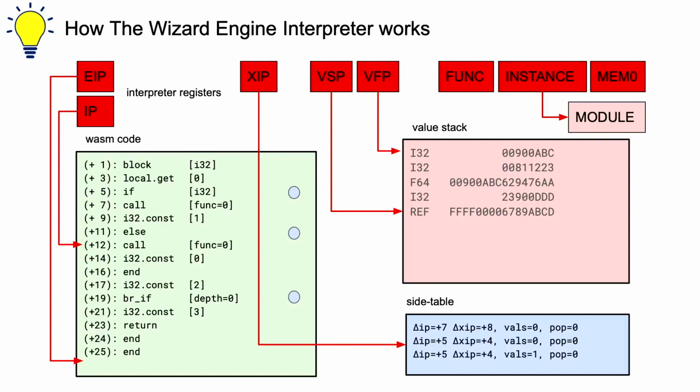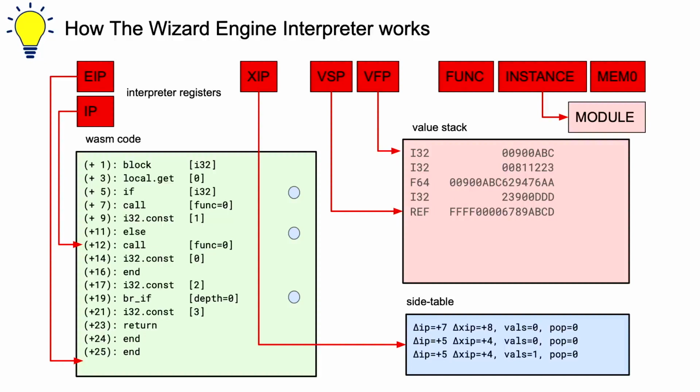So that's basically these two numbers. It tells you how many values to pop off the stack and how far. So whenever you execute a branch, whether that be a BR if or an else, you use these two numbers to tell you how much to adjust the operating stack. Does that make sense? Questions about that?